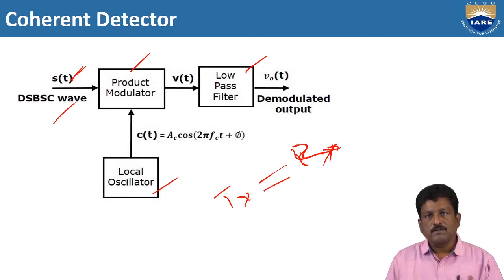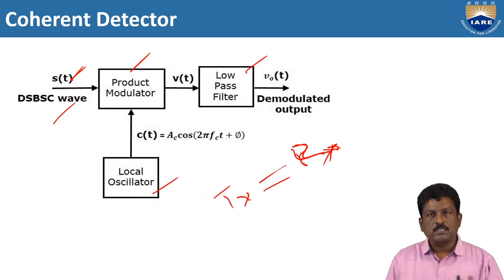Coming to retrieving the original signal, at the receiver side you have to generate the carrier frequency which was used at the transmit side. While generating the modulated wave, we use both the carrier as well as the modulating signal. So you have to specify the frequency and the phase of the carrier signal used for generating the DSBSC wave.